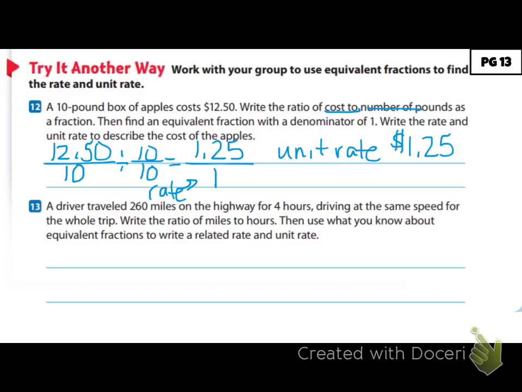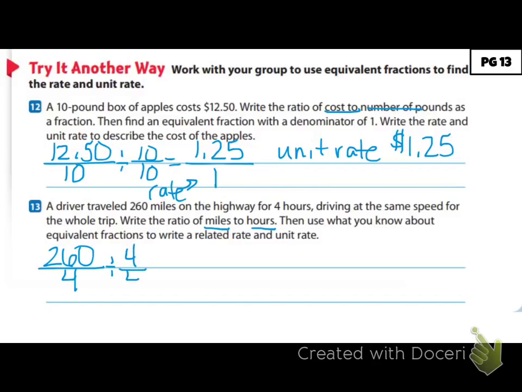Number 13, a driver traveled 260 miles on the highway for 4 hours, driving at the same speed for the whole trip. Write the ratio of miles to hours. So we had 260 miles in 4 hours. That's our ratio. It says, then use what you know about equivalent fractions to write a related rate and a unit rate. So to get our related rate, we have to divide by our bottom number.